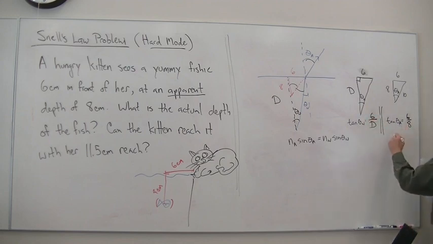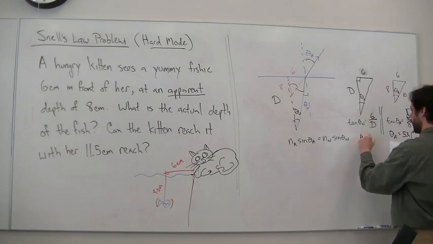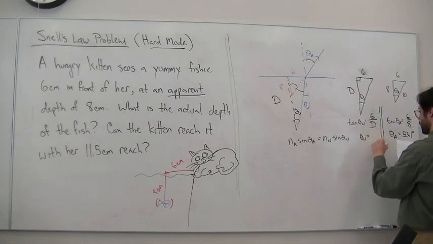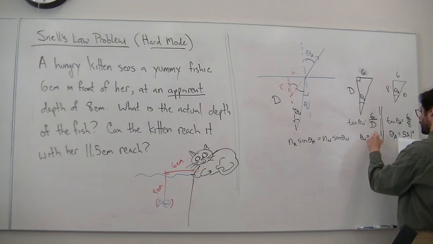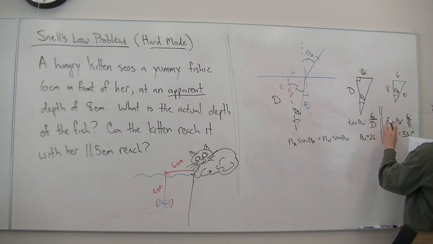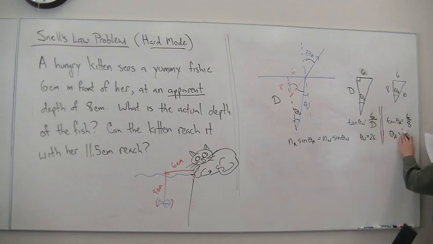Okay, so arctangent this gives me theta A is equal to 53.1 degrees, and then theta water should be less than that because we bend towards the normal in a slower medium, is 26.8 degrees. Wait, this is 36. Oh, I see what I did with the funny notes.